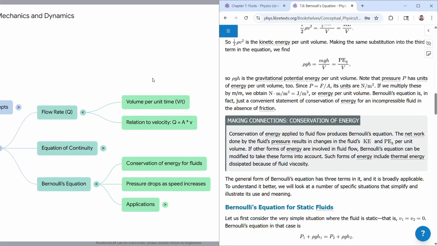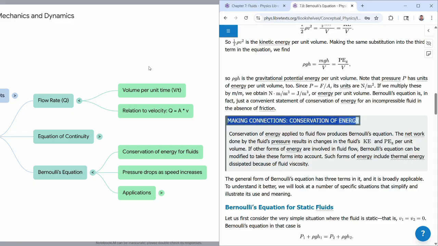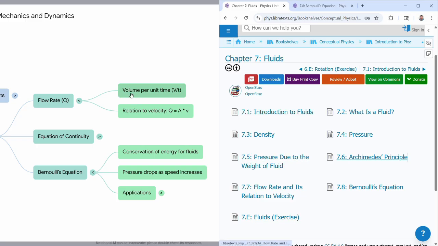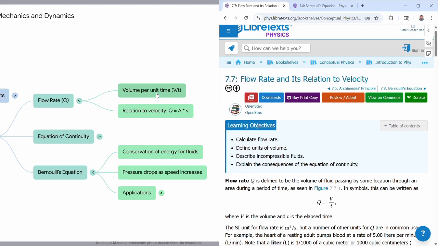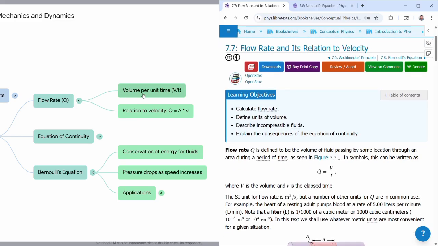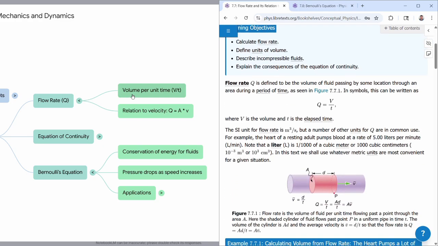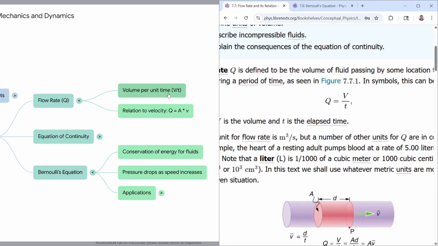And when we are talking about flow of a fluid, there's two different ways we can talk about how much fluid is flowing. We can talk about how much volume is flowing, as a rate per unit time. So this flow rate specified as a volume per unit time would be like a cubic meter per second.